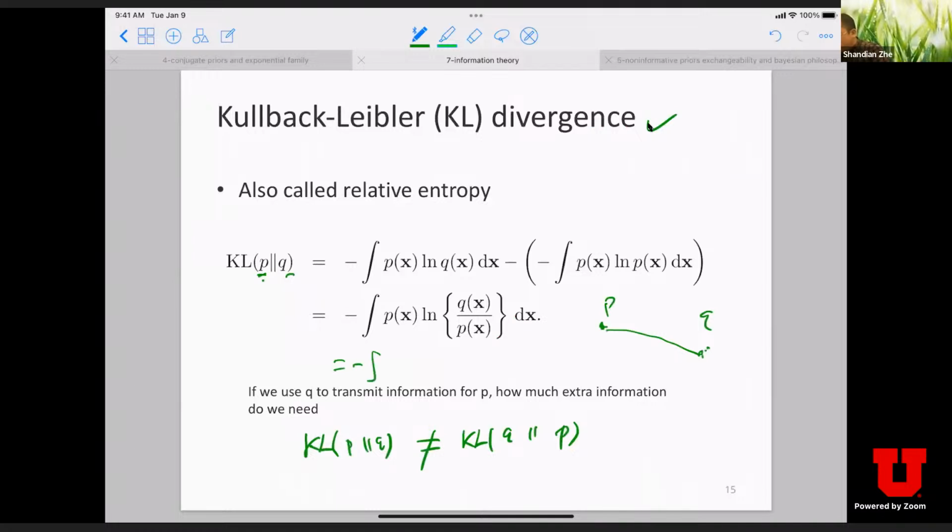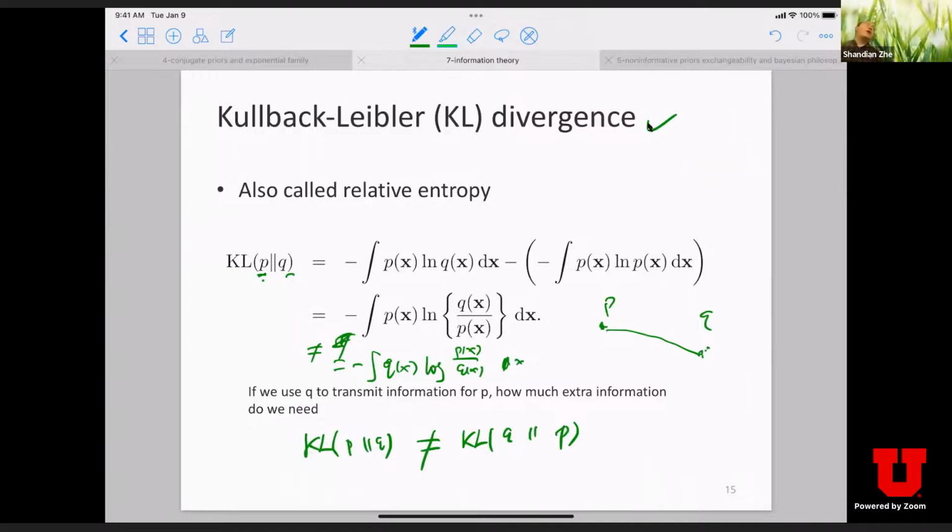If you want to compute KL from Q to P, now in the integral you have Q of x, logarithm of P of x over Q of x, times dx. You can see the form changes a lot. The density you integrate with now switches to Q of x. So really, these two things are different.